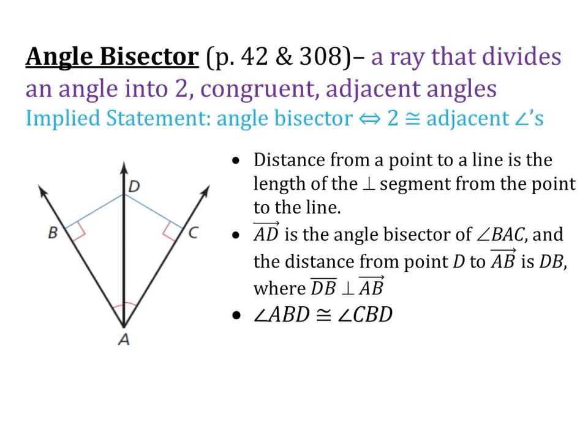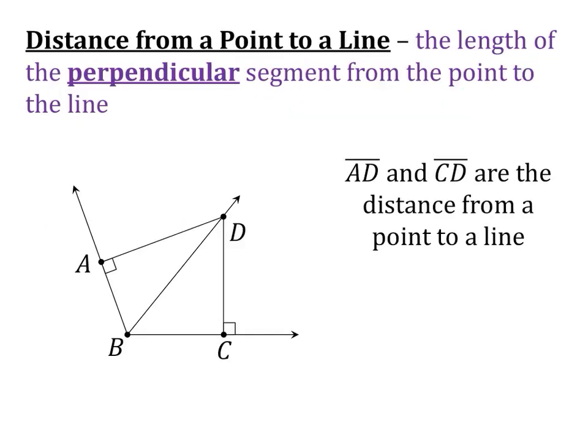Moving on to the angle bisector, and again, this is just a recall. We've talked about angle bisectors before, back in Unit 1. So take a moment to refresh your memory on angle bisectors with our list of properties, implied statement, and our picture. It's just a refresher that distance from a point to a line means that the length is perpendicular.